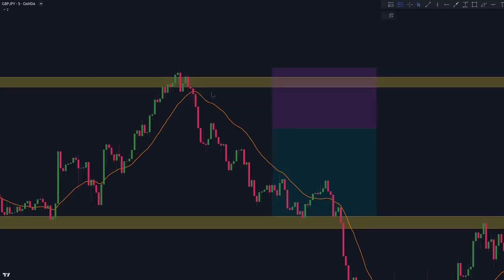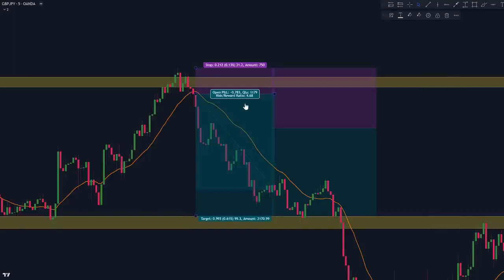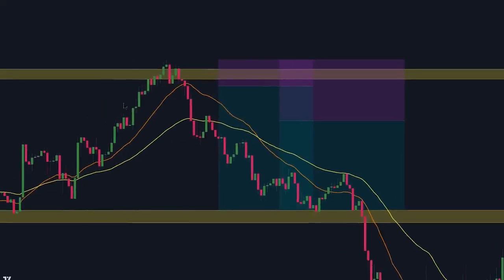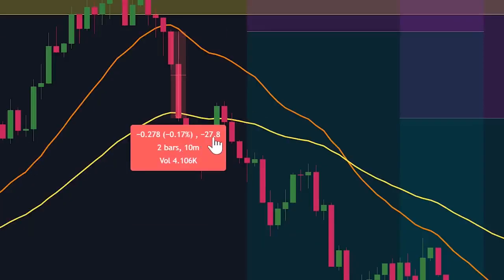If we entered a short trade here and put the stop loss at the exact same point as the previous setup and targeted the same take profit level, you'll notice that this trade ended up having a risk-to-reward ratio of 1 to 4.53, which is 3 times higher than what the old EMA was giving us. The reason for this is because this new indicator gave us an early entry signal while the classical EMA produced a super late signal, which resulted in us missing out on all this move, 27 pips to be exact.